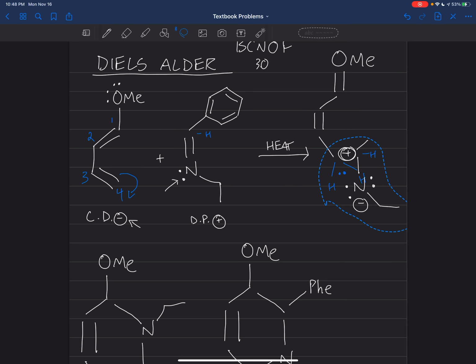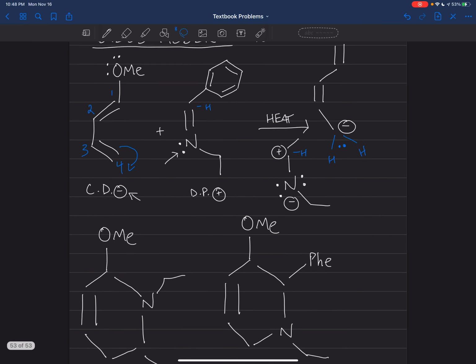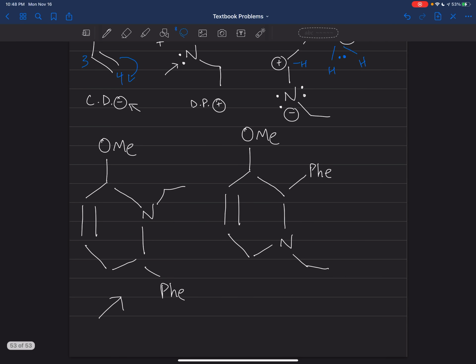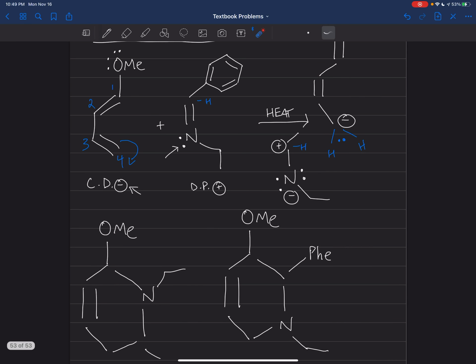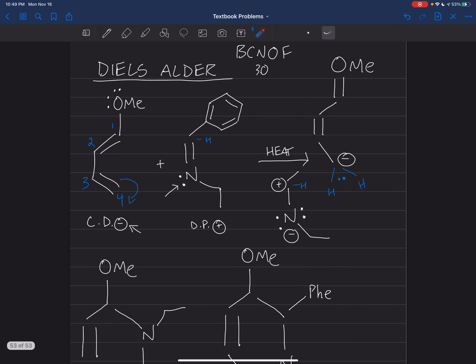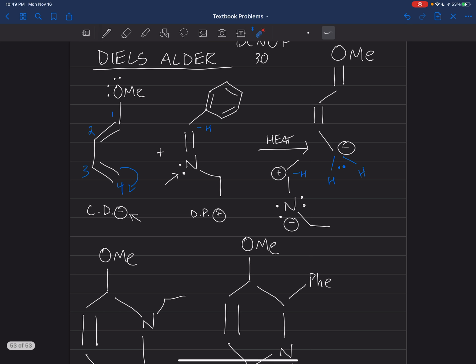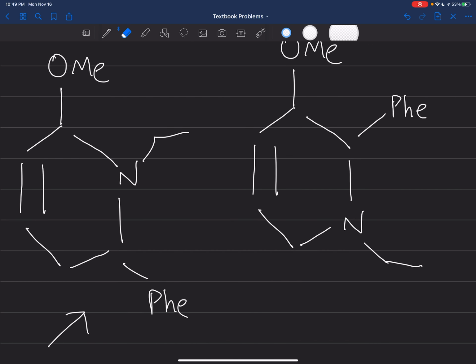Just knowing that this has to rotate, you can figure out that the phenyl is going to end up on the bottom, and you can get to this answer without having to do all that extra work. Just by seeing that, to line up these charges, a rotation makes more sense to make a connection. You can figure out that this bottom left one is your answer.